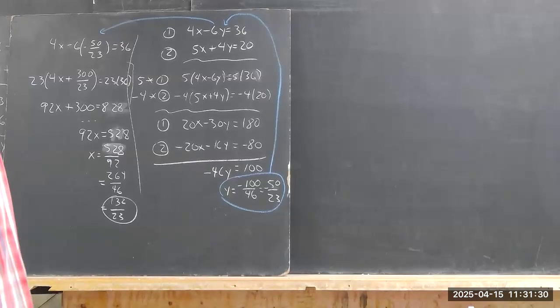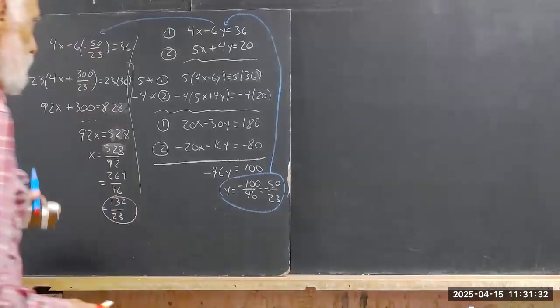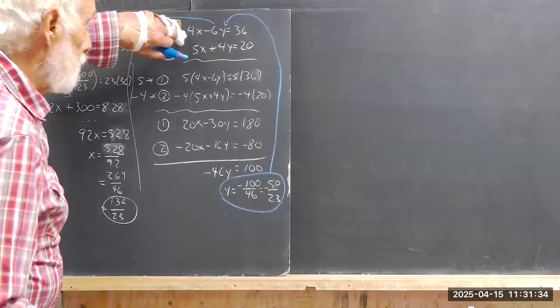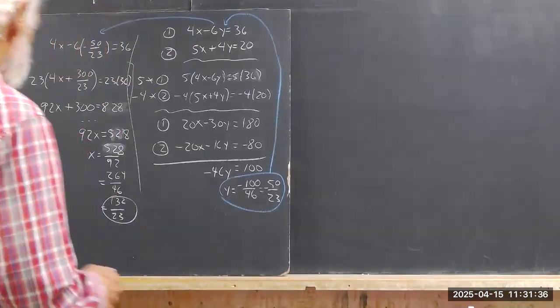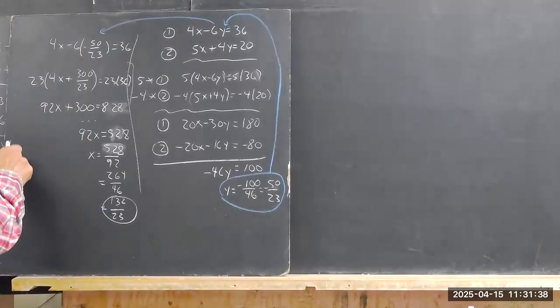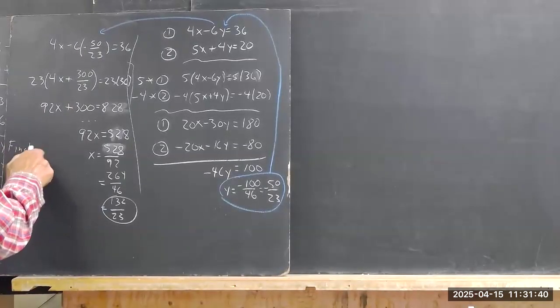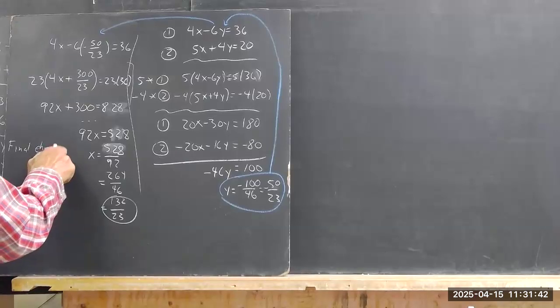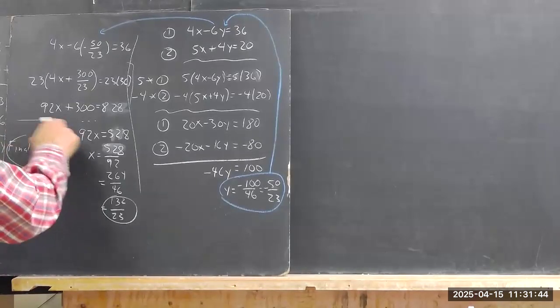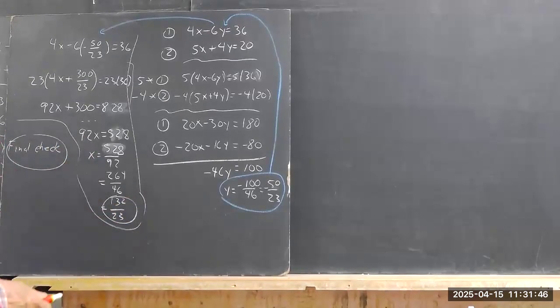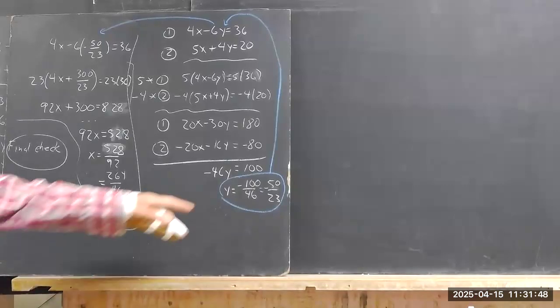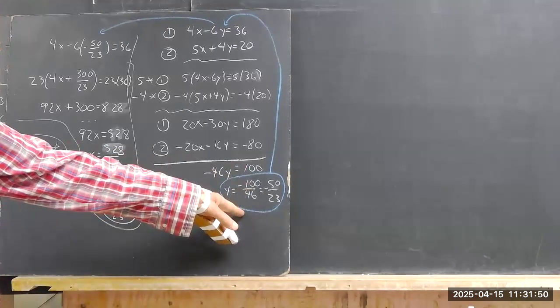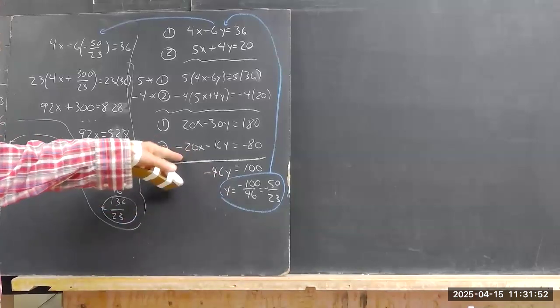And then to check this, make sure it's right, plug these numbers back into the second equation. Because plugging them into the first equation just tells me that I solved this equation correctly.